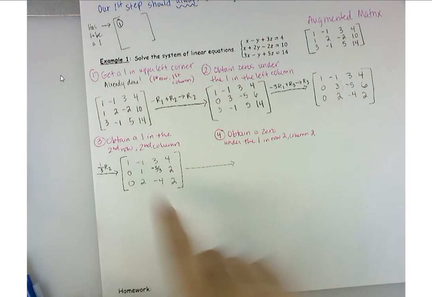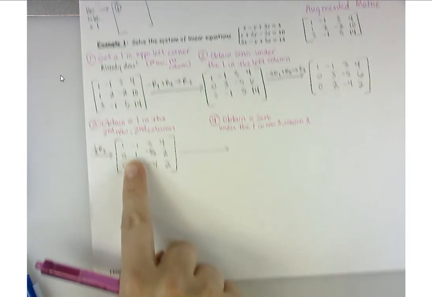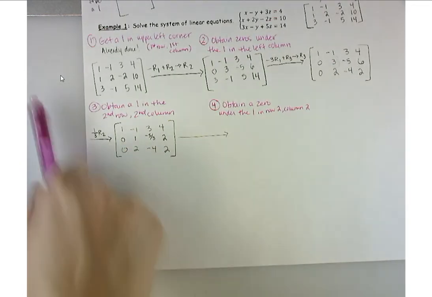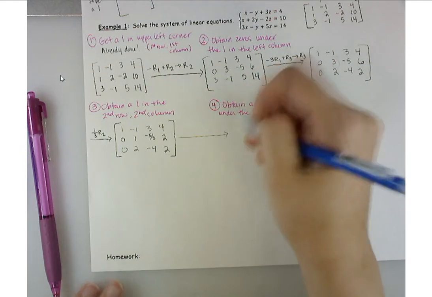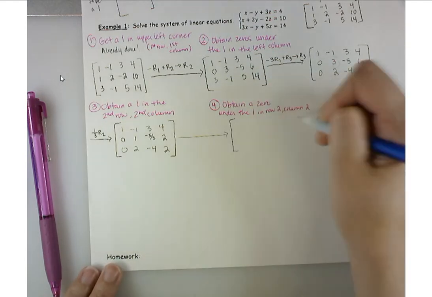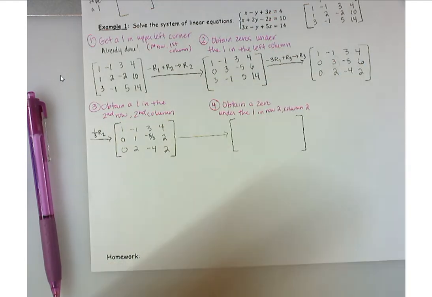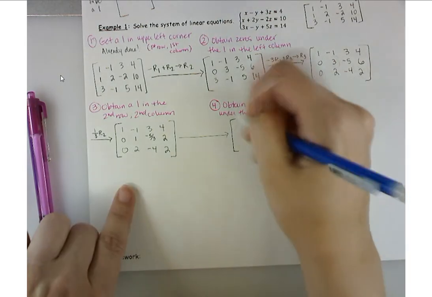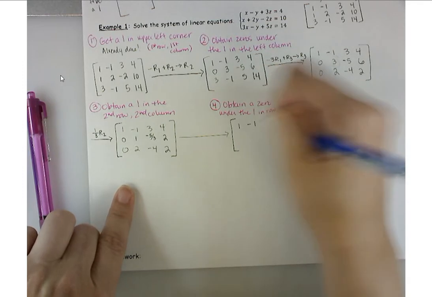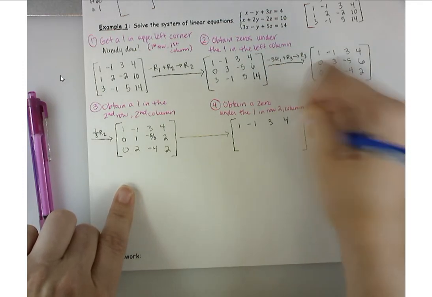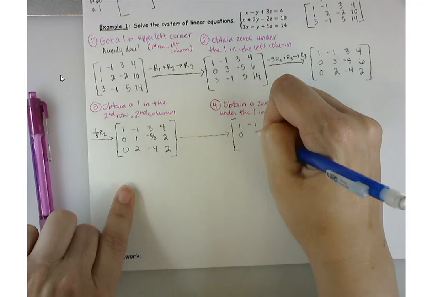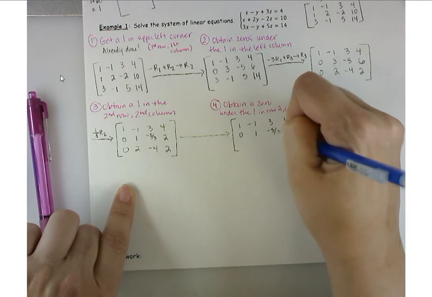Okay, so that 1 that we just transformed here, we now have to get a 0 underneath it. Okay, so I'm going to want to leave my first row the same and my second row the same because I want that 0 in the third row.